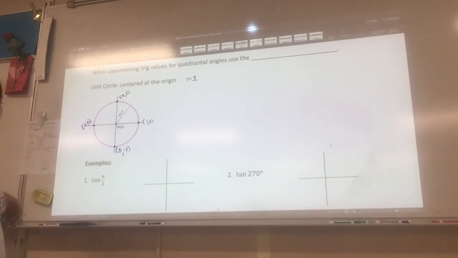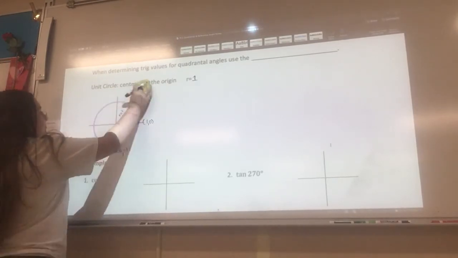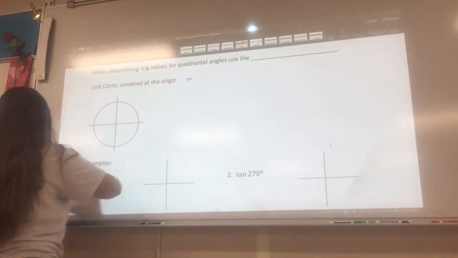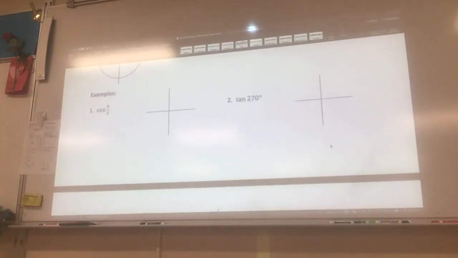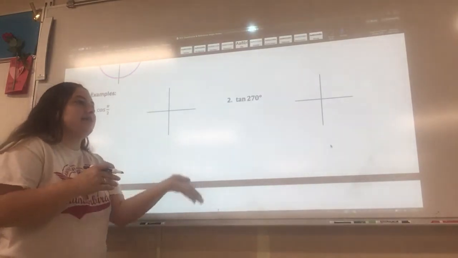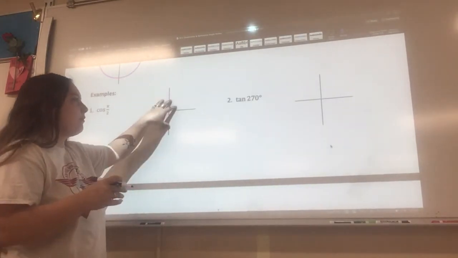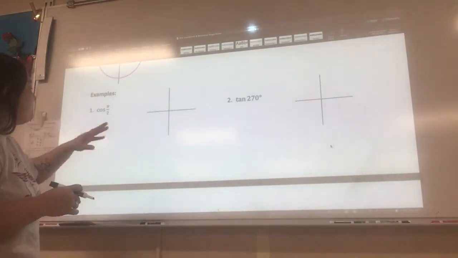Okay. So now we're going to get into what we mean by solving, specifically quadrantal ones, on the unit circle. So our first example is cosine pi over 2. If you remember from last lesson, we were trying to remember where it is in this quadrant. Where is our angle?